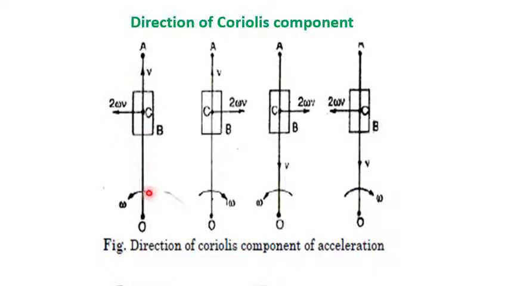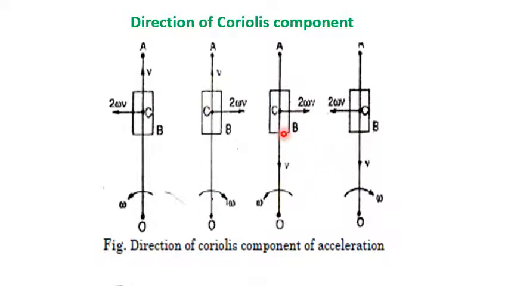Here the link is rotating in the anti-clockwise direction, so the Coriolis component of acceleration will also act in the same direction. In the second case, velocity is in the forward direction and the link is rotating in the clockwise direction. Since velocity is forward, the Coriolis component of acceleration will follow the direction of rotation.